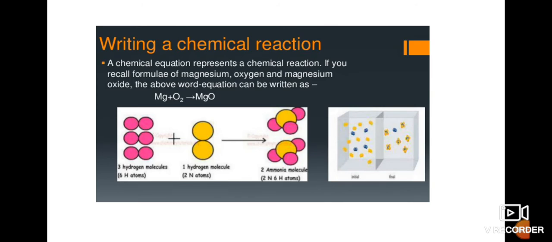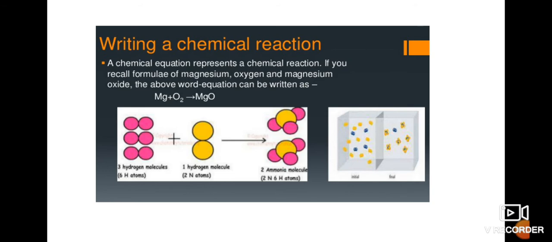Now, whenever we are trying to write a chemical reaction, obviously we must be able to know the valencies of each of the elements or the reacting ions. If you do not remember the valencies, it will be difficult for you to put them in their formulas and then write it down in the chemical reaction form.